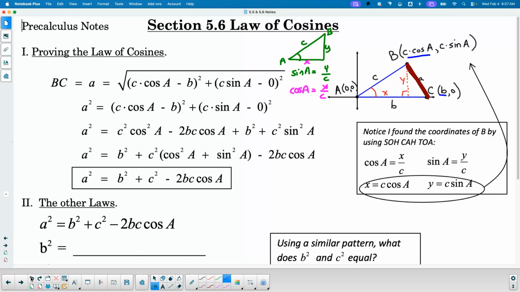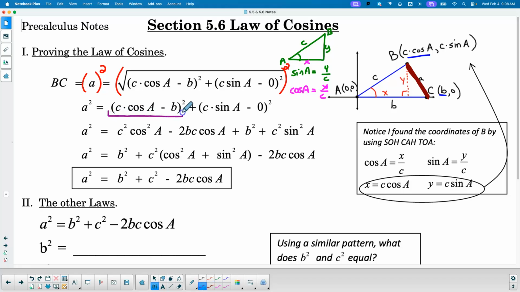So it would be the x part of B minus the x part of C, quantity squared, plus the y part of B minus the y part of C, quantity squared, is that brown distance A. Then what we can do is square both sides to get rid of the radical.